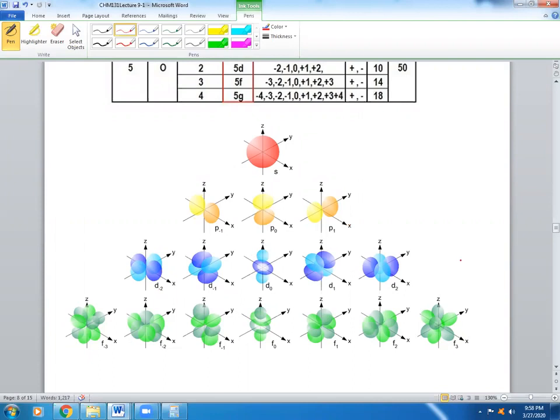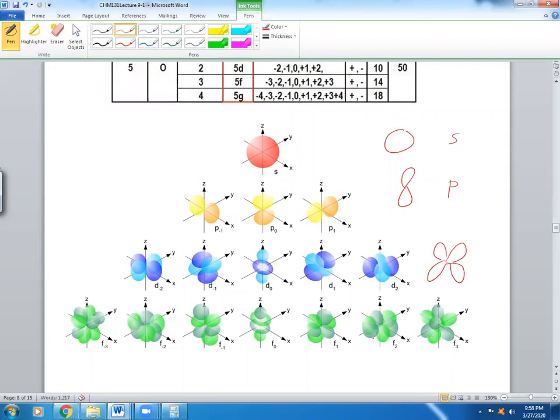So we usually say S is a sphere, P looks like an 8, or we say it's like a dumbbell, if you are at the gym and lift weights. And then D looks like a clover leaf. It has 4 sides to it.